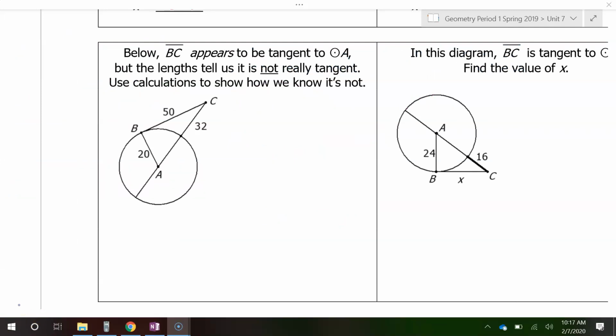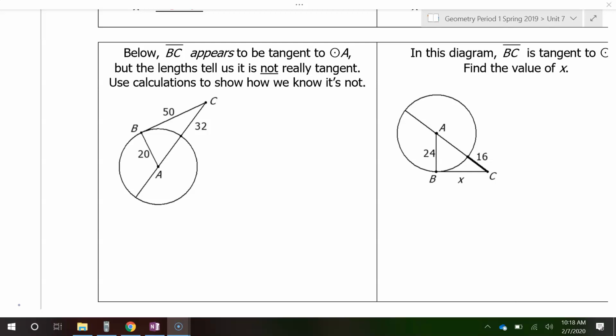All right, below, segment BC appears to be tangent to circle A, but the lengths tell us that it is not really tangent. Use calculations to show how we know that it's not. So the way we're going to show is by using the Pythagorean Theorem. If this is tangent, then it should form a right angle.